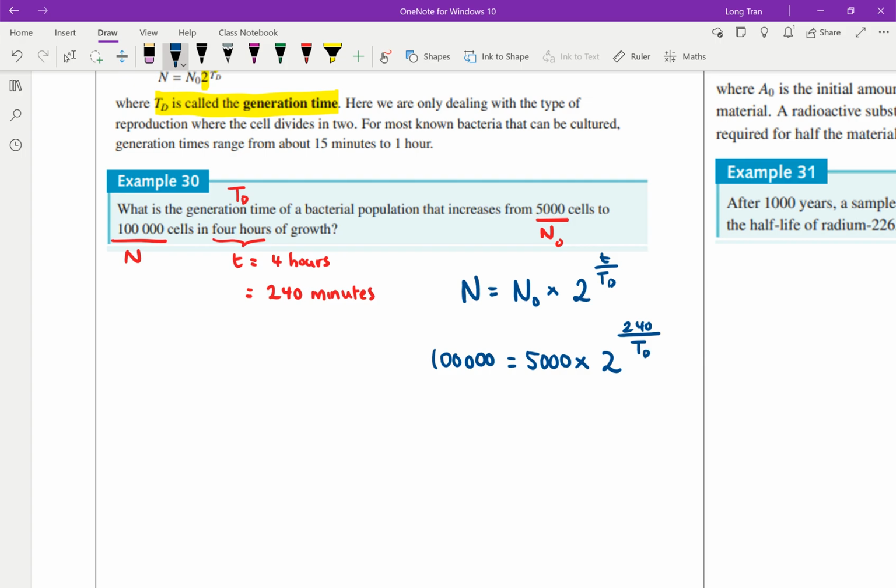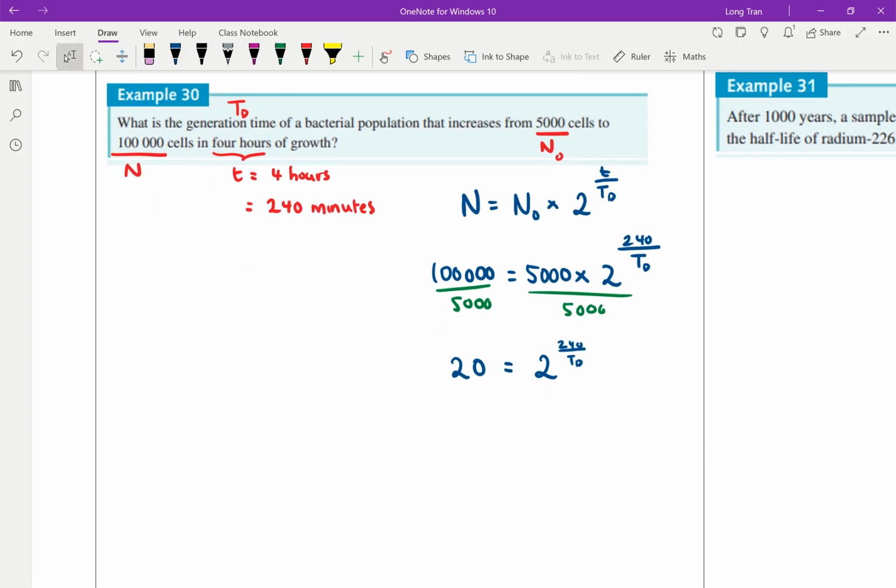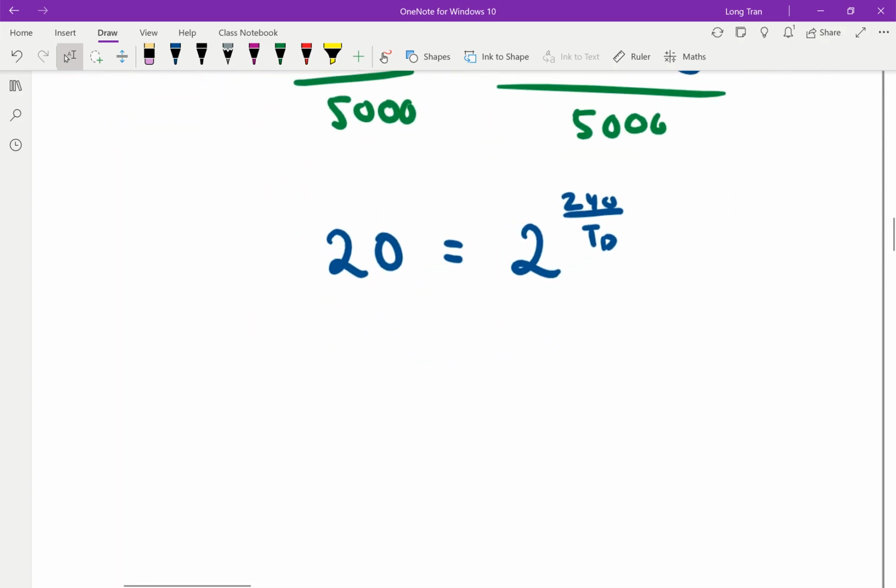To solve this, I get rid of the times 5,000, so I divide by 5,000 on both sides. 100,000 divided by 5,000 gives me 20, equal to 2 to the power of 240 over TD. Here we use an inverse operation: the opposite of exponential base 2 is logarithmic base 2.